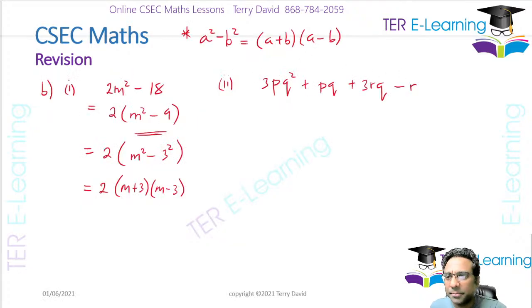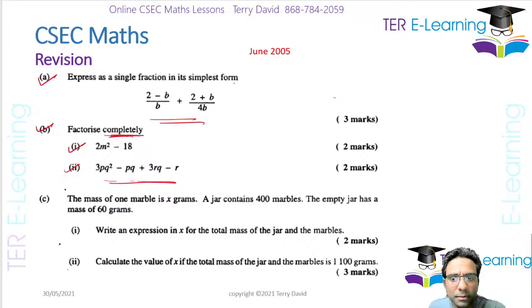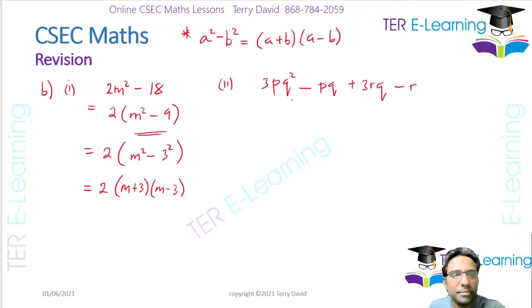There's another little typo here; this should be minus pq, right? So it's 3pq squared minus pq plus 3rq squared minus r.